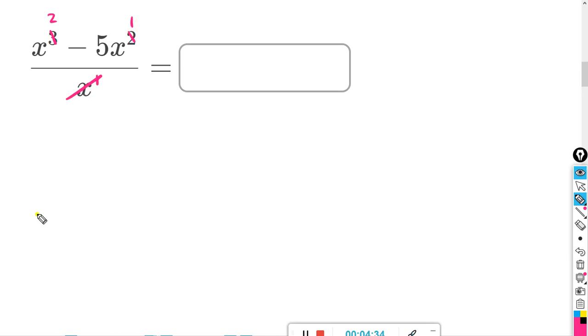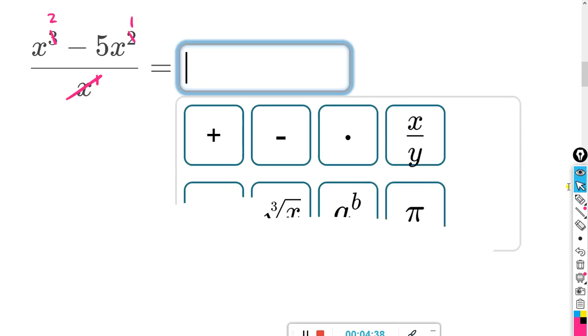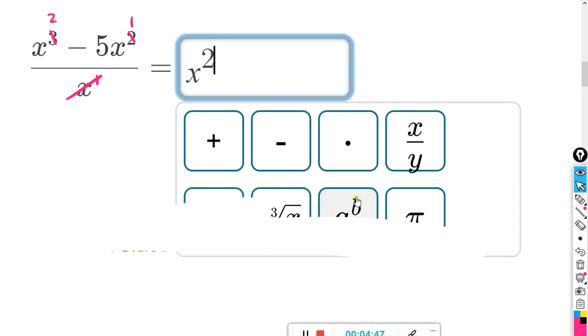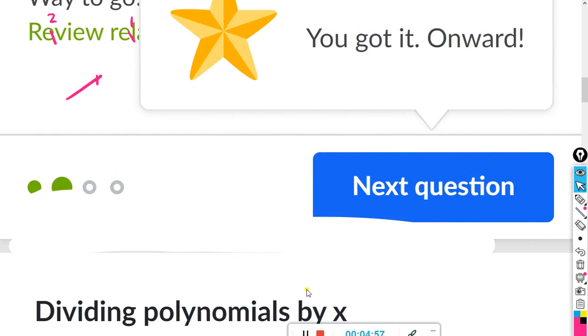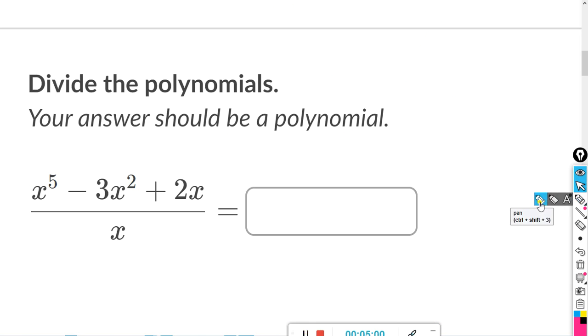And you can just cancel the denominator once you do that. So it's an easier way. Okay, so just type x squared, type the x, click this button here, type 2, hit the right arrow key, minus 5x, and that's it.